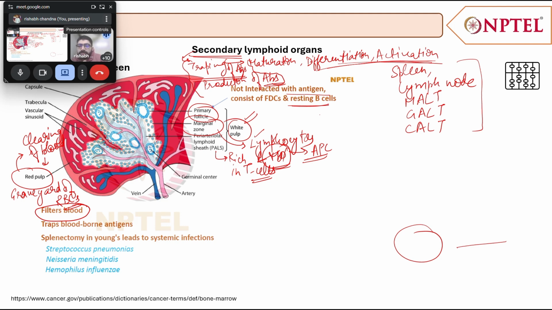Then after their maturation, when they have interacted with any of the macrophages, they come in the germinal center. So this germinal center will have activated or differentiated T cells, differentiated immune cells.